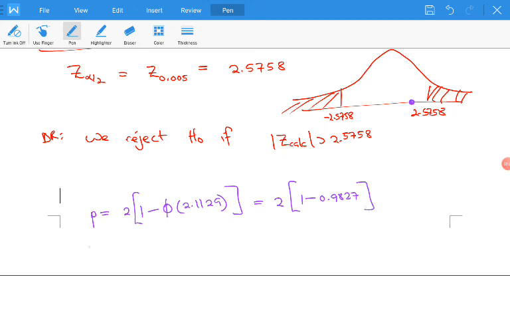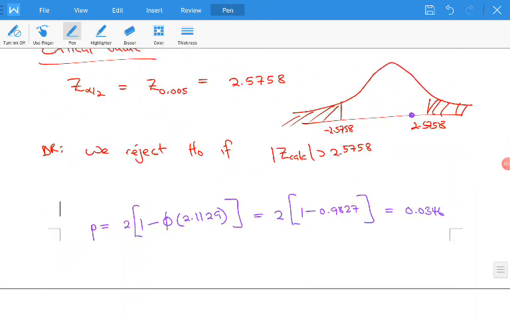So the answer for the p-value is 0.0346.